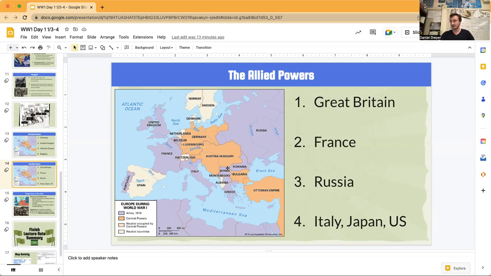There's a lot of smaller countries, Romania, Serbia, Montenegro, Greece, Belgium, and then there's a lot of countries on this map that are going to be neutral countries. So Spain, Switzerland never get involved, Norway, Sweden, Denmark, the Netherlands, they stay neutral during the war.